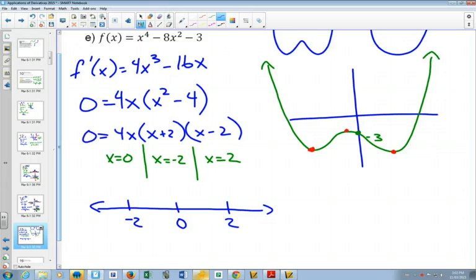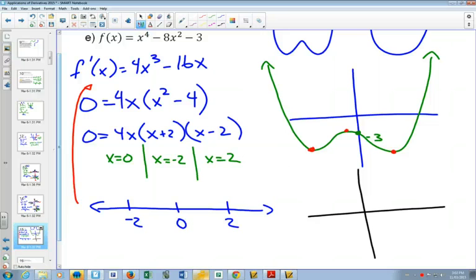So anytime you want to figure out what the arrows look like on this, you're always going back to this equation, not the original equation. Anytime you want to find actual points on our graph, points on our graph come from our original function. So we're going to do that in a second.